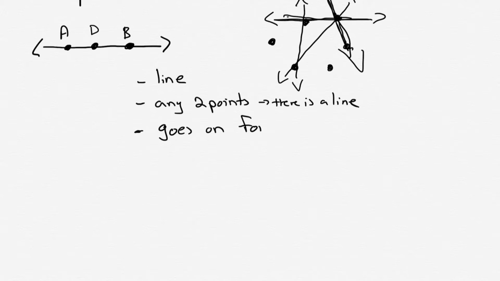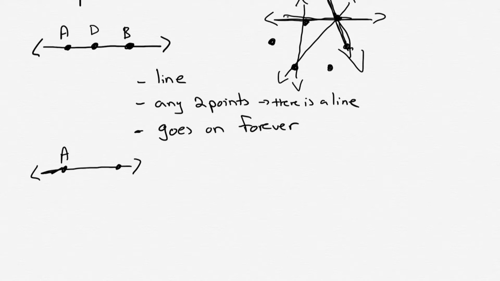Okay, so the next thing we're going to talk about is a line segment. Now, a line segment is going to look like this. And I could have just kind of done this on the line on the top, but I don't want it to look too confusing.